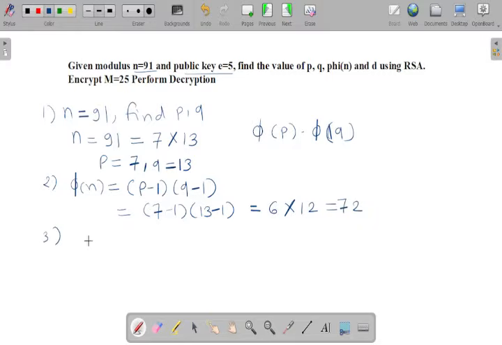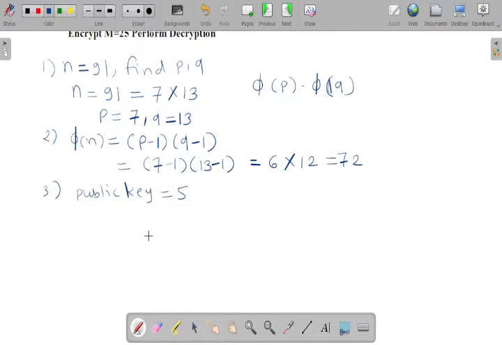Now the third step is we have to calculate the value of our private key, because the value of E is already given. So the value of our public key is equal to 5. We have to check that E should not be a factor of phi of n.